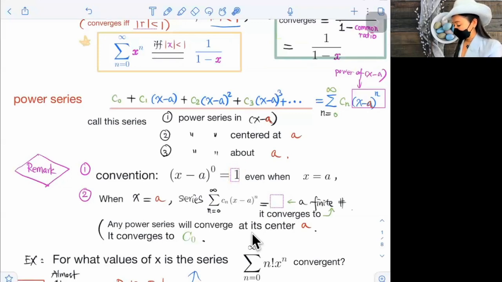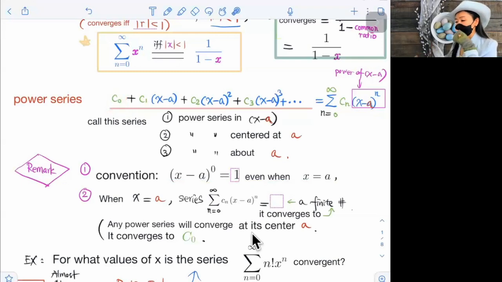So the first term will be c0 times 1, so you get c0. Because of this convention, when n equals 0, you get c0.